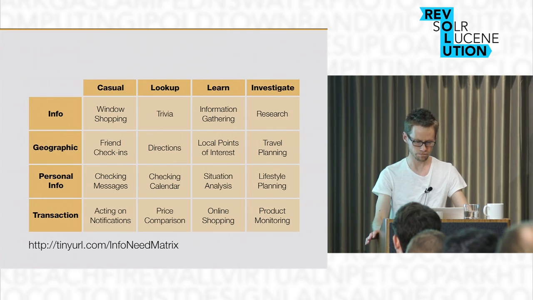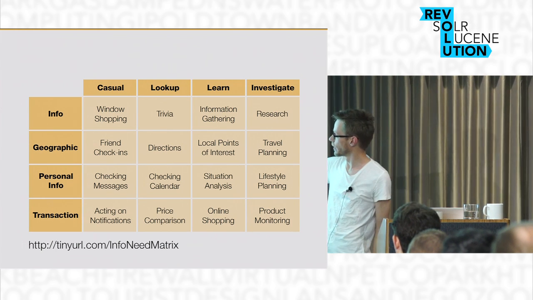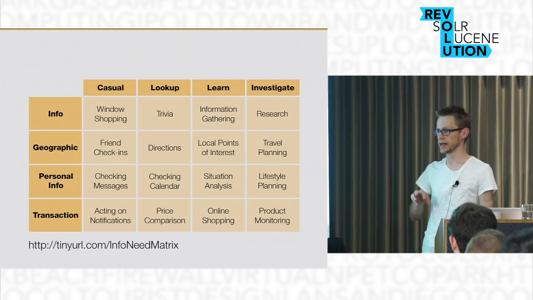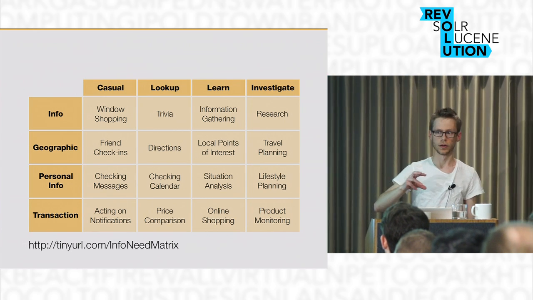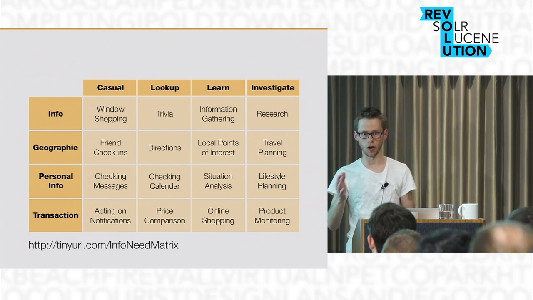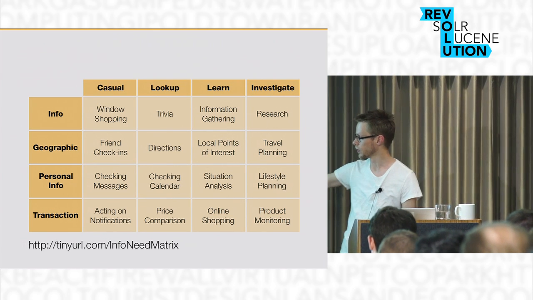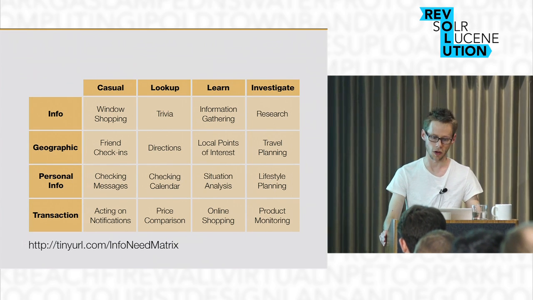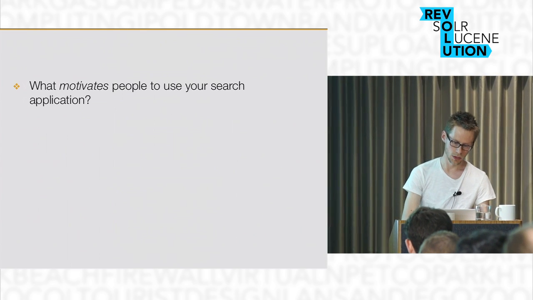And finally, over here at investigate and transaction, maybe you've identified the exact make and model of a car that you want to buy, and you want to set up product alerts that tell you whenever someone else has posted a car that meets those criteria.